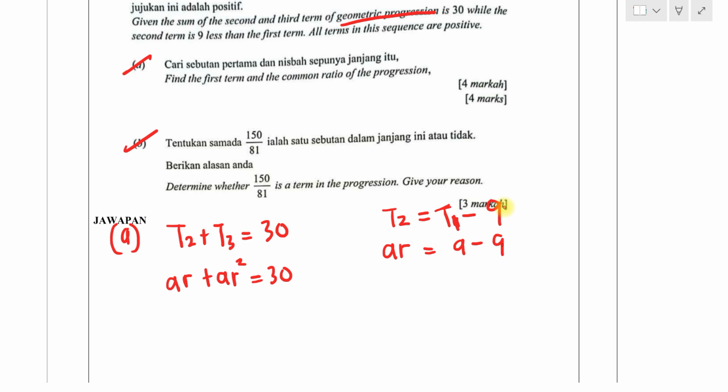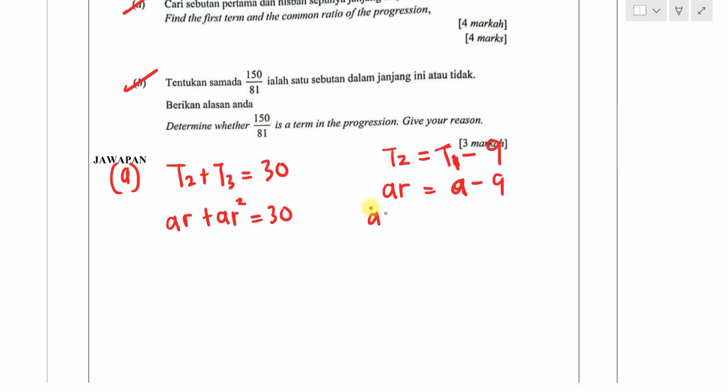All terms in the sequence are positive. Find the first term and common ratio. Try to find. So here AR minus A is equal to -9. A(R minus 1) is -9. And A R (1 plus R), R minus 1, R plus 1. What am I going to get?